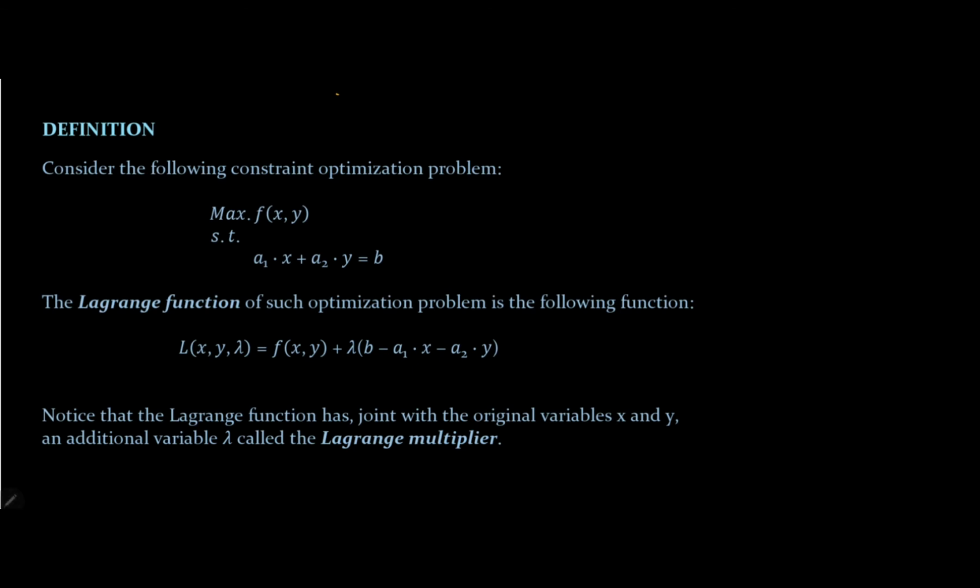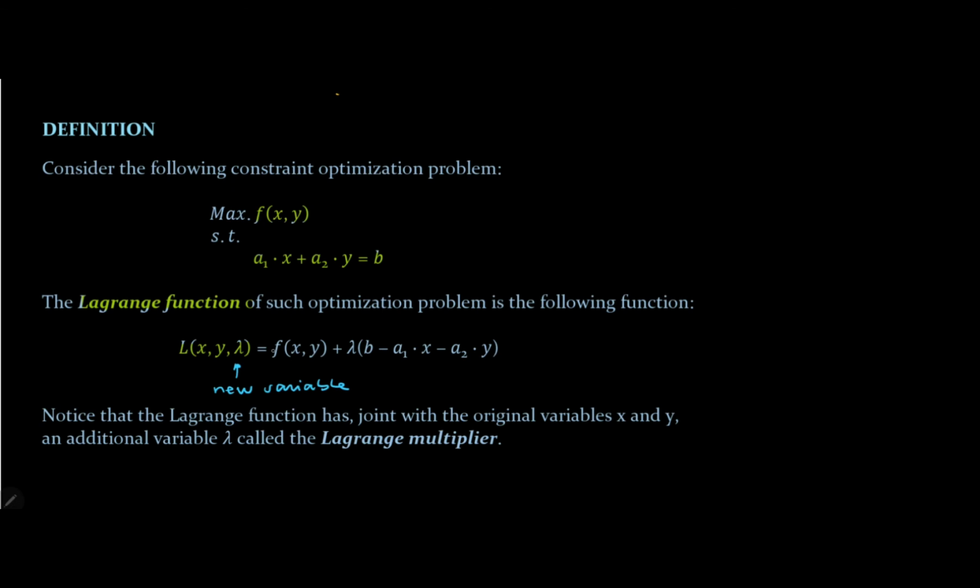Let's consider the following constraint optimization model. We have an objective function f(x,y). We have an equality constraint a1x plus a2y equals b. Then the Lagrange function of such optimization problem is the following function. We have this L, for Lagrange, of x, y, lambda. And this lambda is a new variable. The function is built as follows.